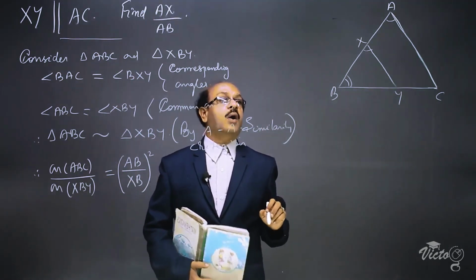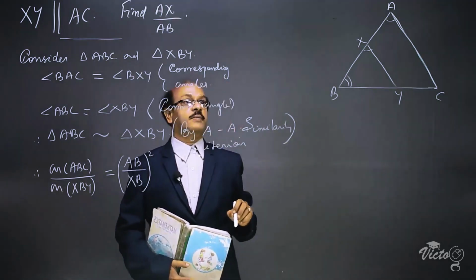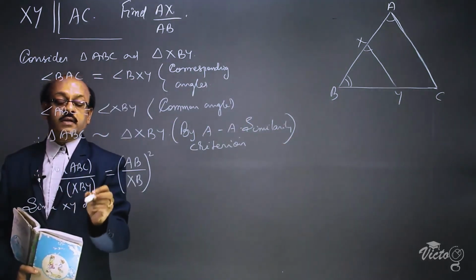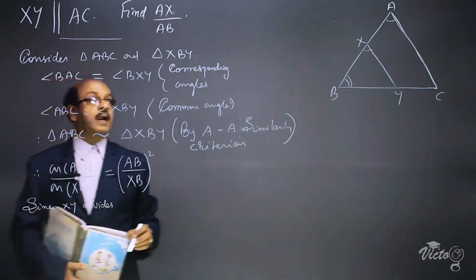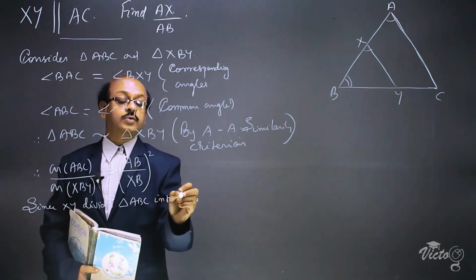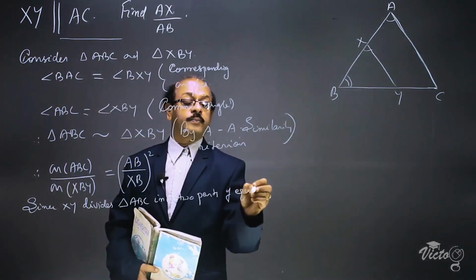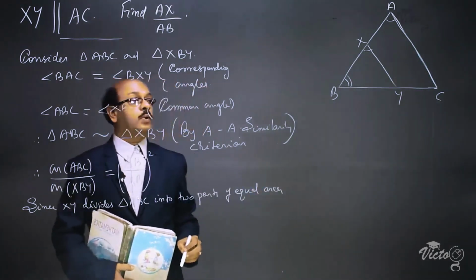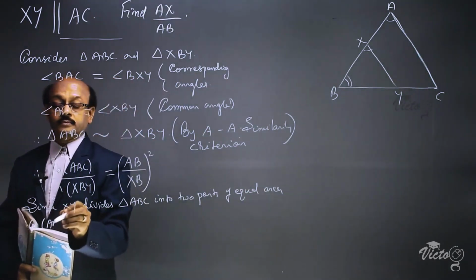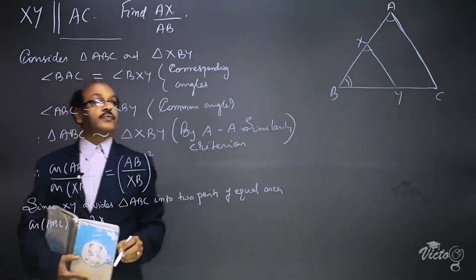That means area of triangle ABC will be equal to 2 into area of triangle XBY.